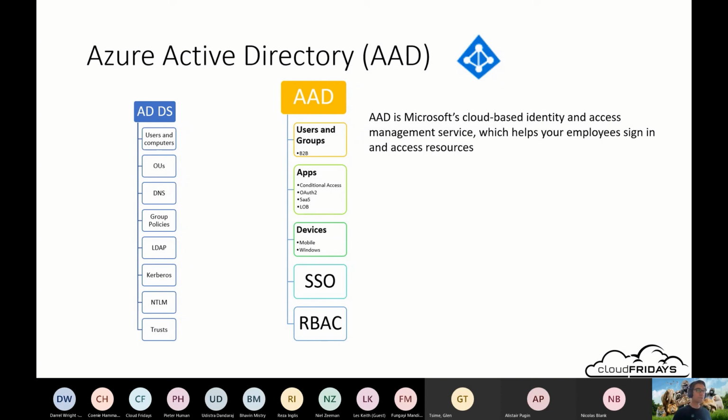There's applications. So you register applications within Azure Active Directory. Those can be third-party applications, software as a service applications, or your line of business applications. And through that, you have access controls to those applications through conditional access and a number of other security features.